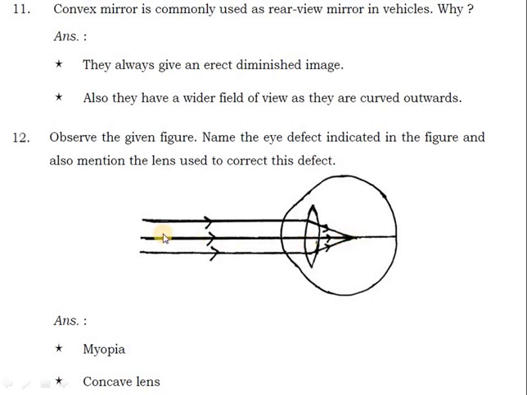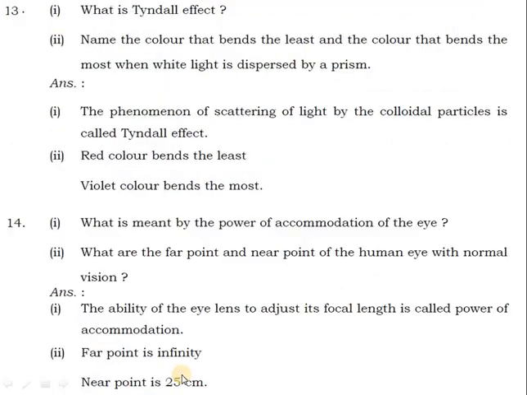You can see the nearby objects clearly, but the faraway objects cannot be seen clearly. So to correct myopia, we use concave lens. Suppose if the image is formed behind the screen, then it is hypermetropia. Then you have to use convex lens. For this question, it is myopia. You have to use concave lens to correct myopia.